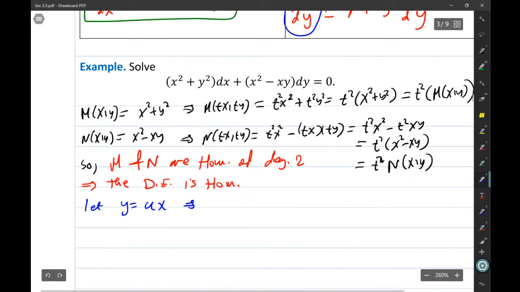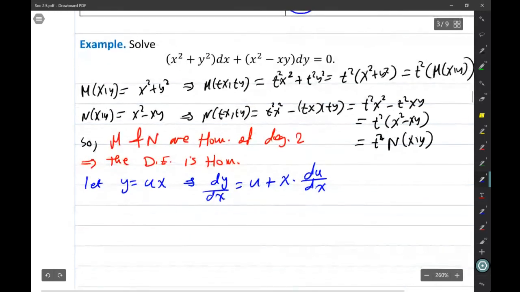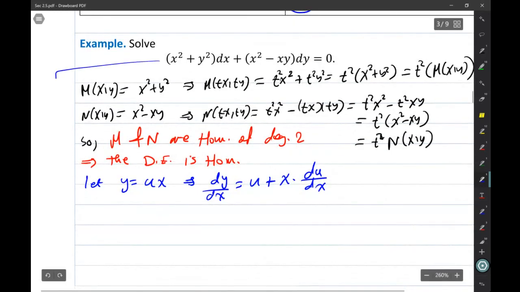Then dy by dx becomes u plus x times du by dx. This is all the time I have to use it. Now go back to your differential equation here. Write it with respect to dy by dx.